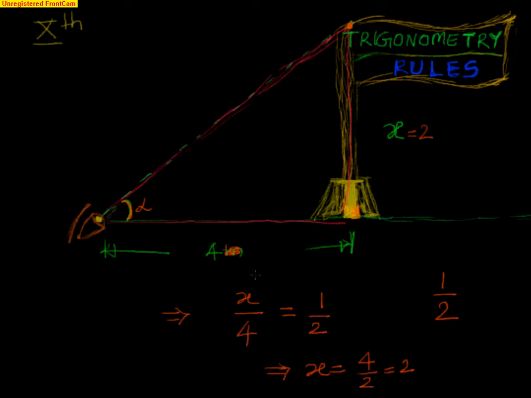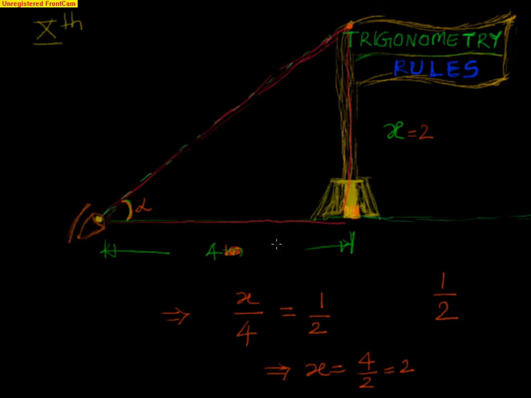Now how will I find out the relation between this and this? Because whenever I am working with right angle triangles, I know only the Pythagoras theorem, and with that you are giving me two sides and asking me to find the third side. I am not aware of how to find the relation between two sides of a right angle triangle.